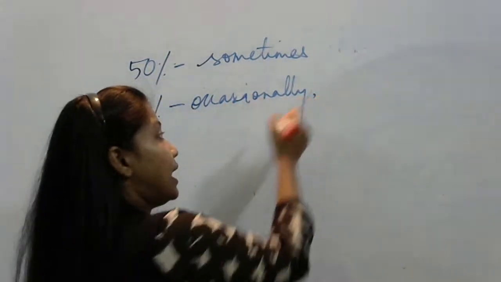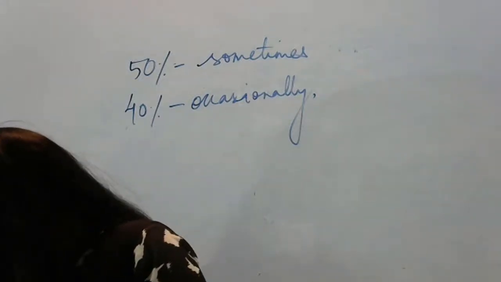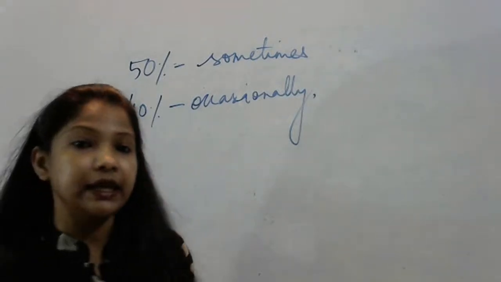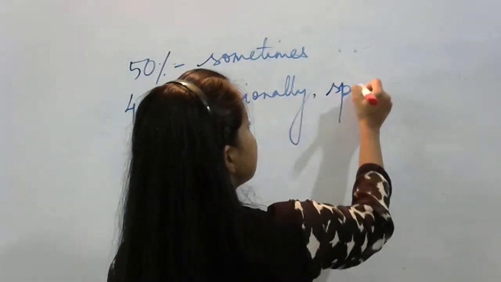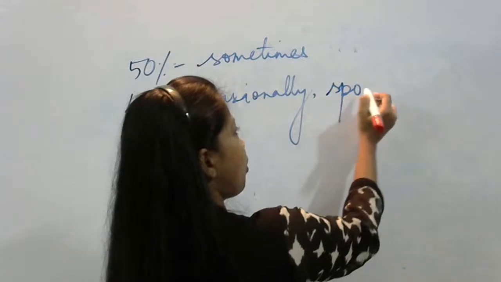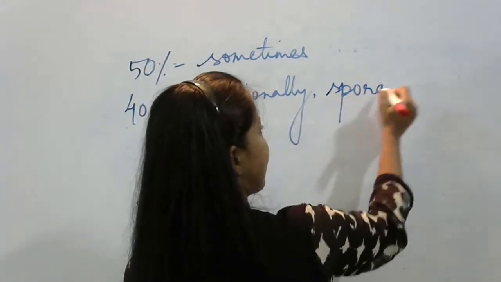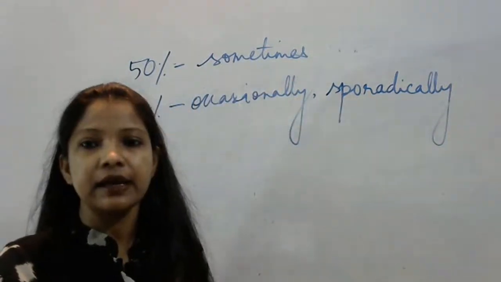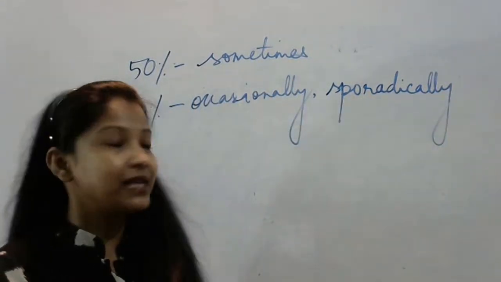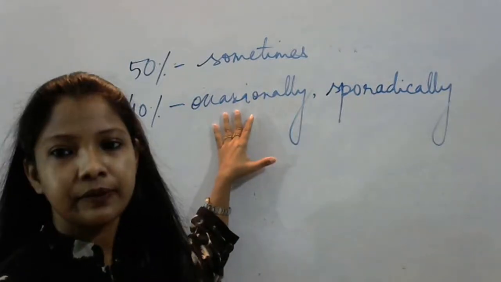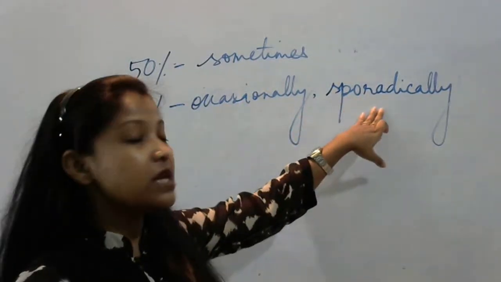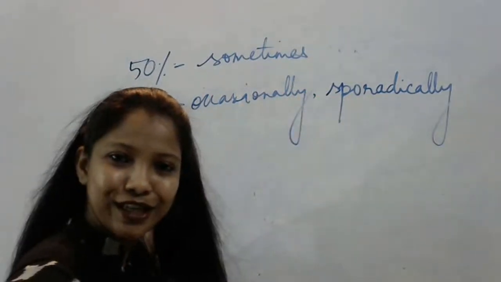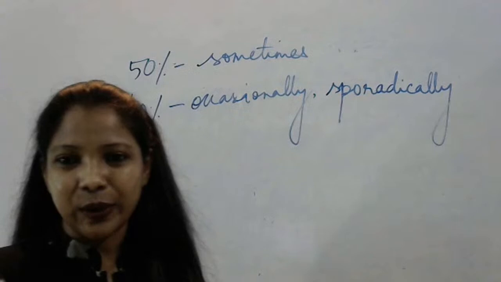Now I have a new word for you all, which is a synonym of occasionally, which is called sporadically. It is spelled S-P-O-R-A-D-I-C-A-L-L-Y. Sporadically means the same as occasionally, and these are used when you have 40% frequency.